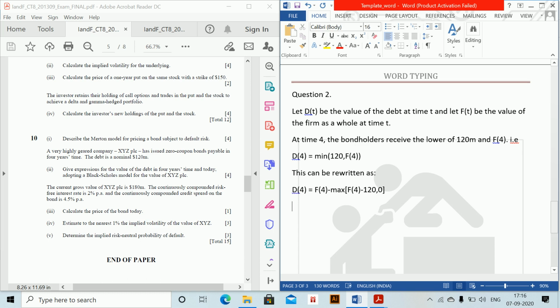Where the final term can be treated as the payoff on a European call option on the firm's assets, with maturity at time 4 and strike price equal to 120 million.